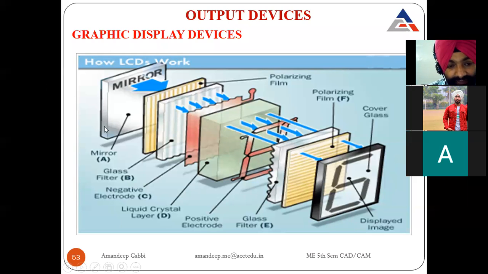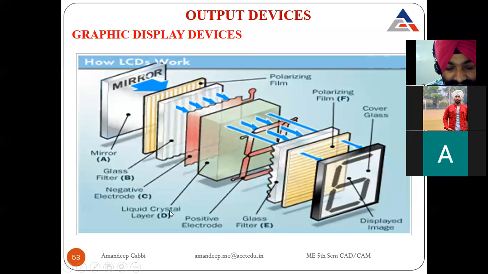So these are the few components of an LCD. Starting from the mirror, this is the polarizing film, which is somewhat of a filtering process. Then again, there is another filtering glass that filters the reflected image from the mirror. Then there is the negative electrode.